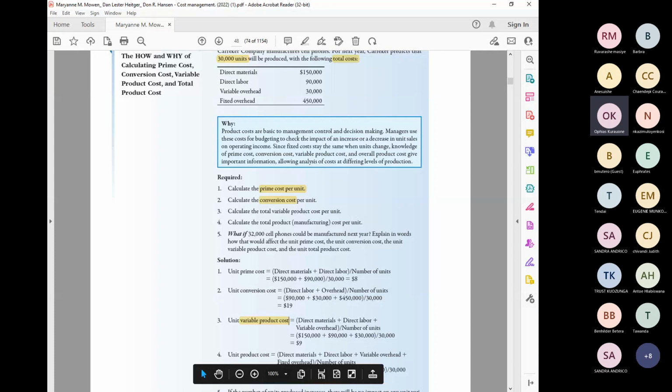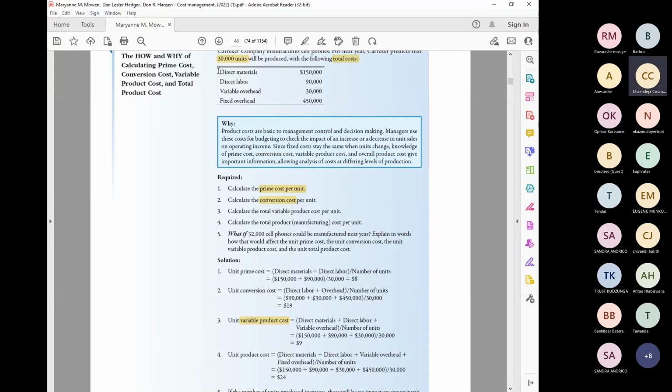Any volunteer? Our variable costs: direct materials, yes, and direct labor, yes, and variable overheads, yes. Because those are the ones that will change with the level of production, or output. So these are variable costs.